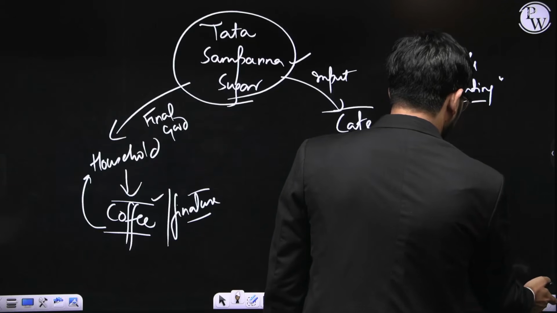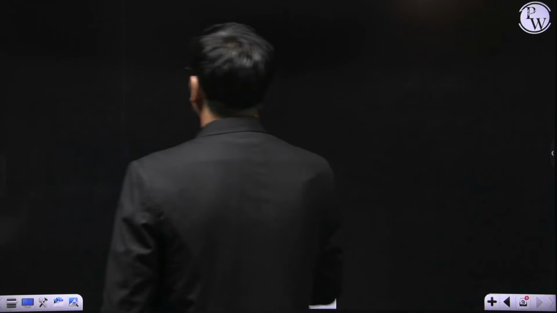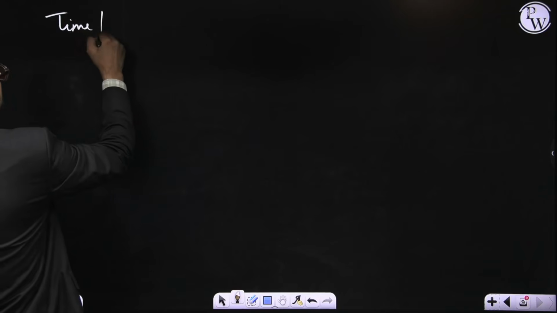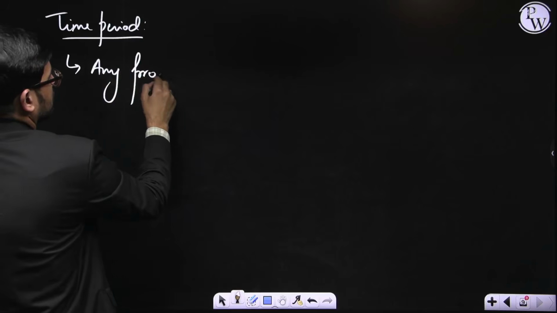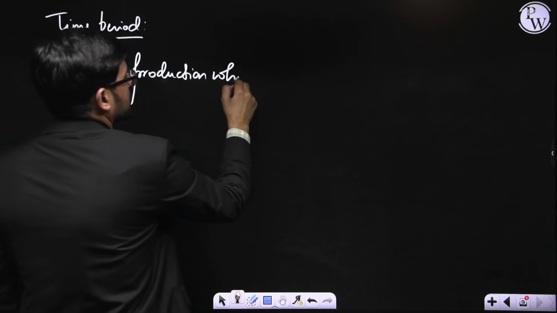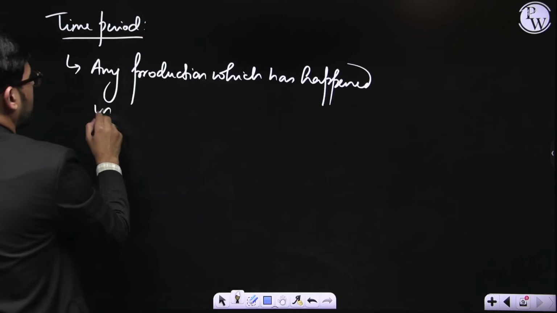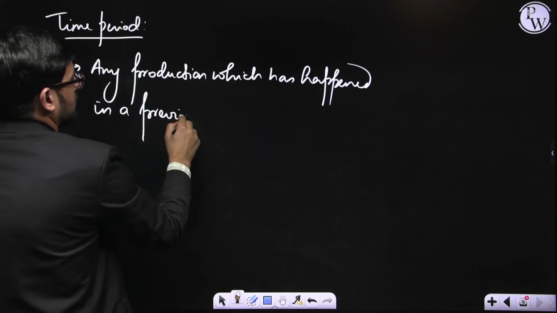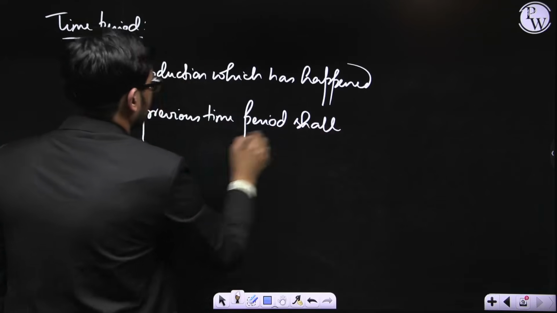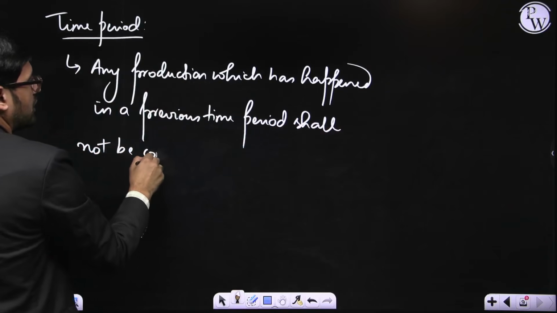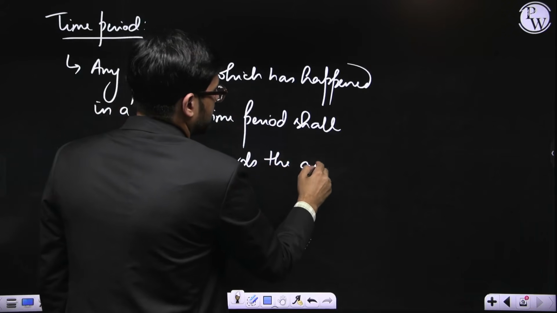When we say that it's a given time period, what we mean is that any production which has happened in a previous time period shall not be counted towards the given time period's GDP.